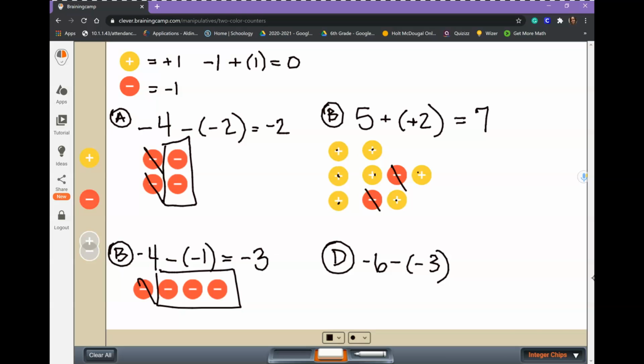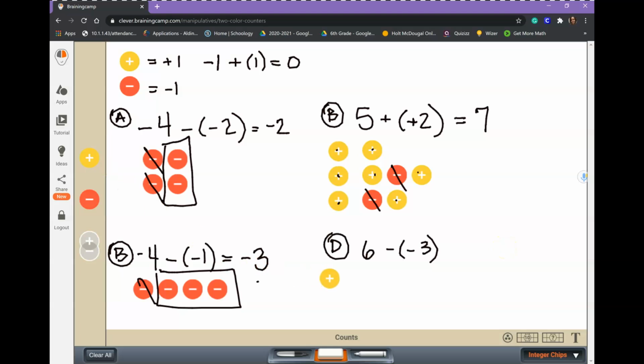And then my last example, D. It says 6 minus negative 3. So I'm going to have my 6 positive chips, but I have to take away 3 negatives.